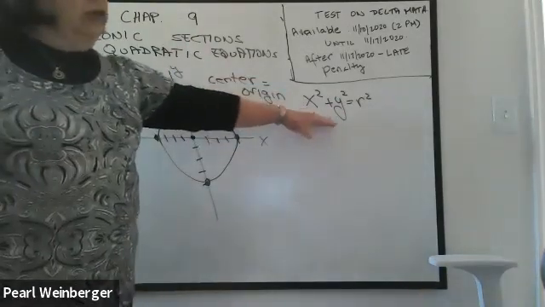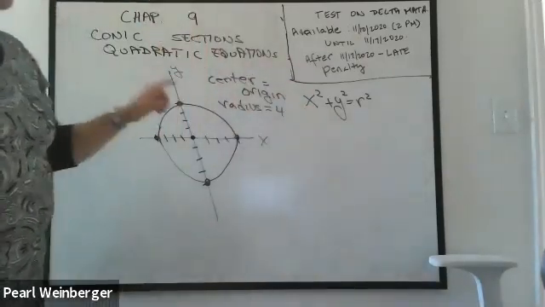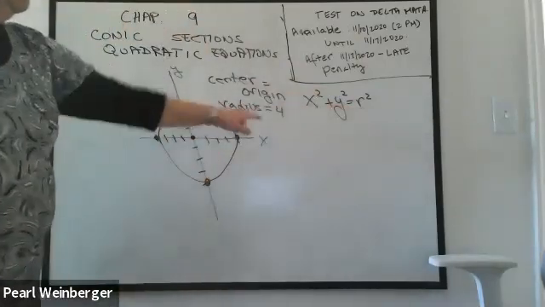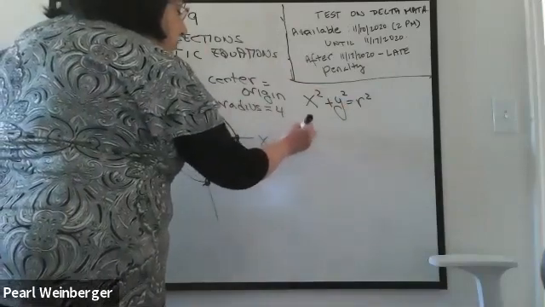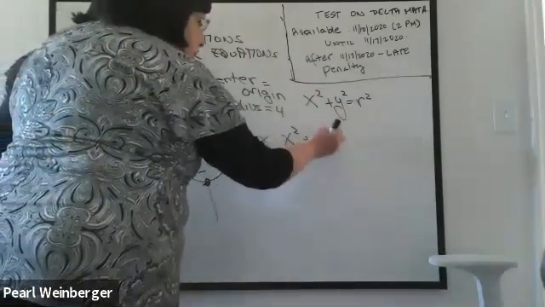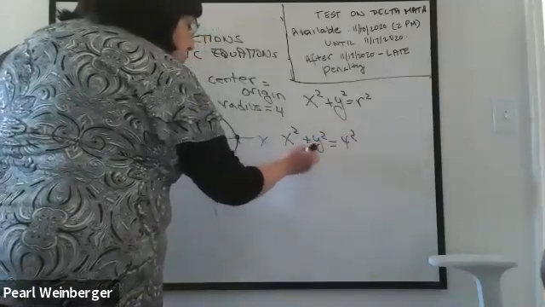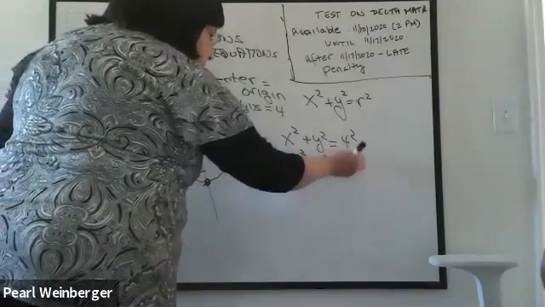In the equation for the circle, you have both x squared and y squared, and it equals r squared. Now, in this case, the r was 4, so for this particular example, we get x squared plus y squared equals 4 squared, which means x squared plus y squared equals 16.